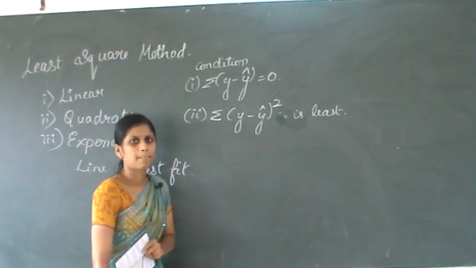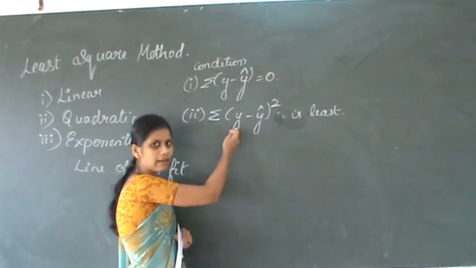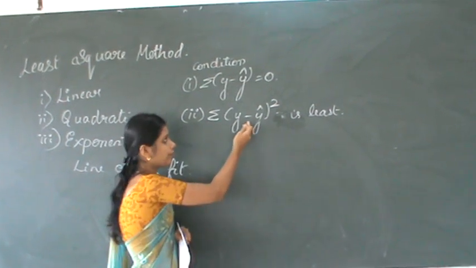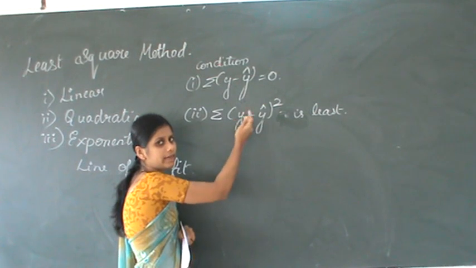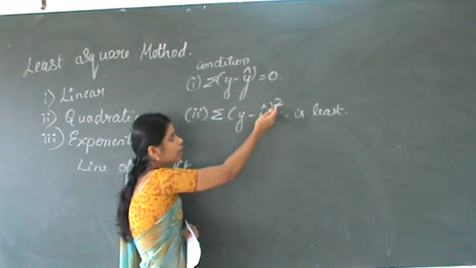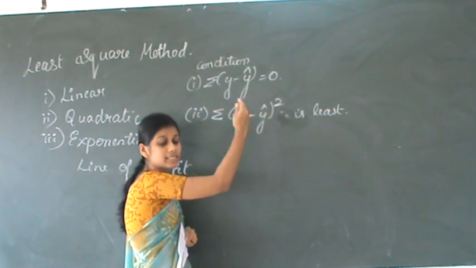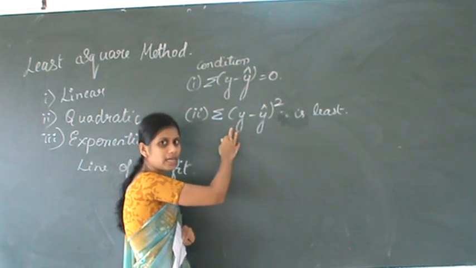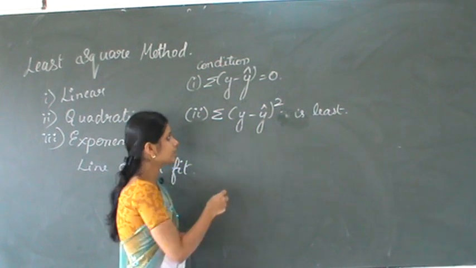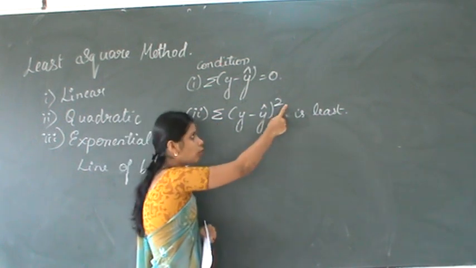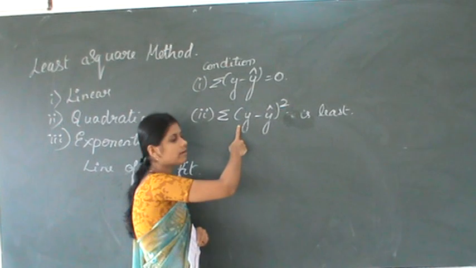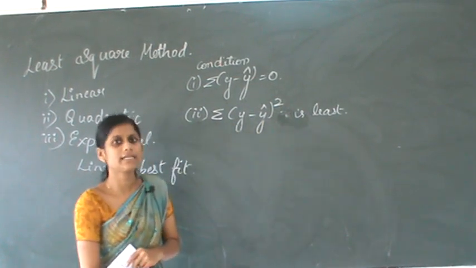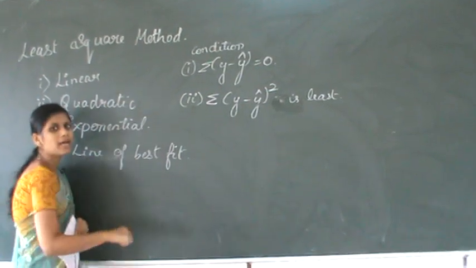When you find the deviation of the actual value of y and the computed value of y, you then find the square of such deviations, and if you take the total of such squares, it should be least. That is, the sum of squares of deviations of the actual value of y and the computed value of y is least. That's why it is called the least square method.